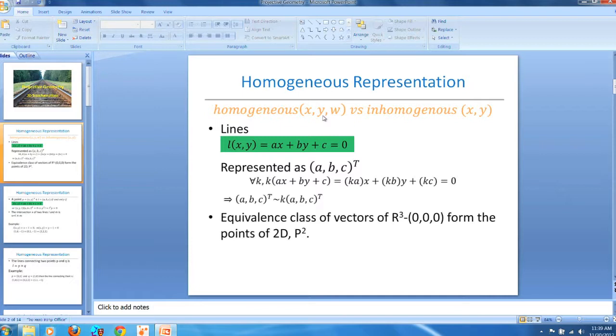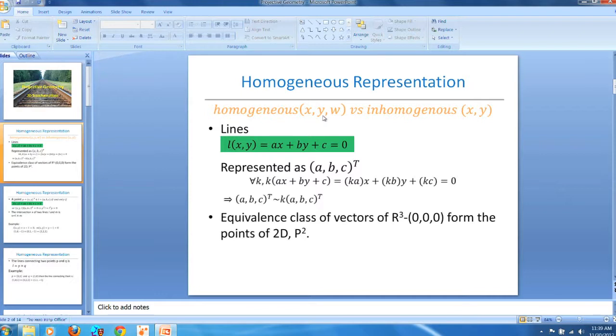We saw earlier that we could represent any line L of xy as ax plus by plus c equals 0, which means any point xy that satisfies this will lie on this line L.